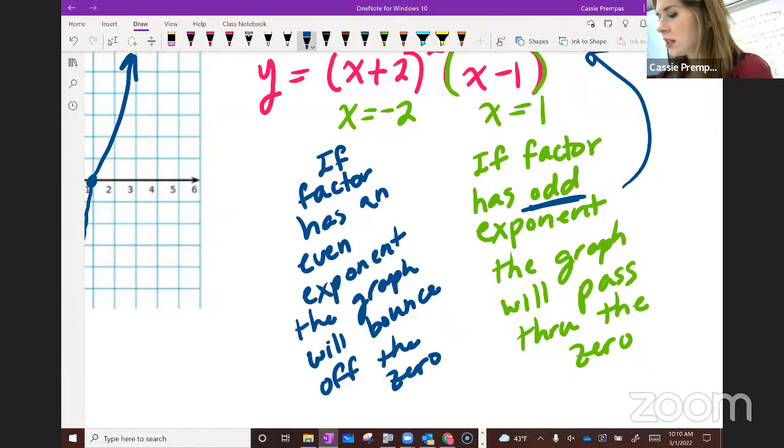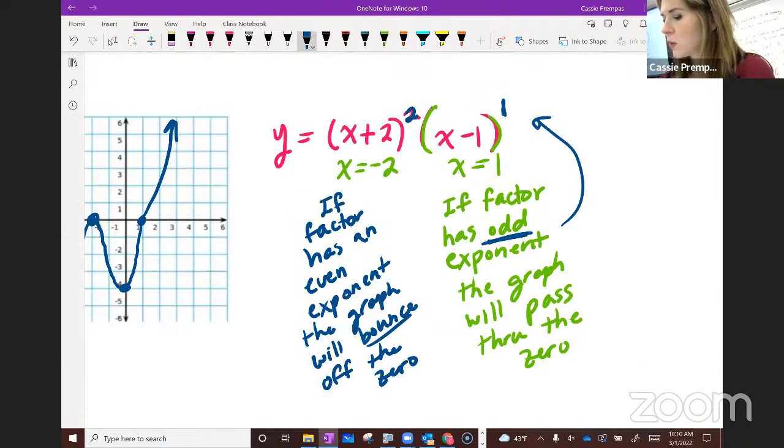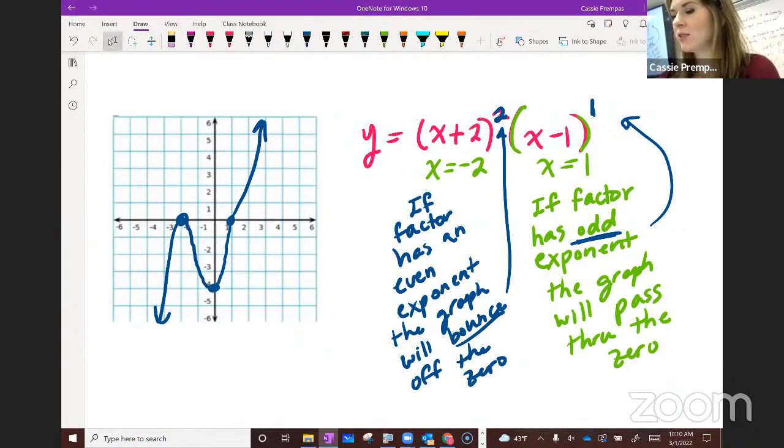So obviously you can see this even exponent, which is why the bouncing occurred. If you're saying, what is she saying about bouncing? This is visually what it looks like on my graph. X equals negative 2. We can see it goes up and then bounces off. So that's where the bounce happens.